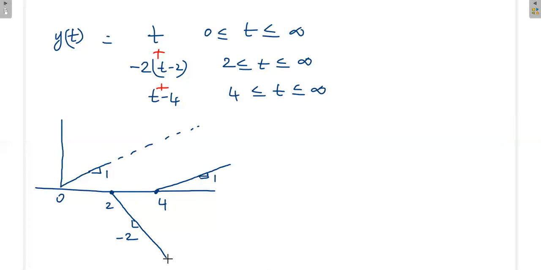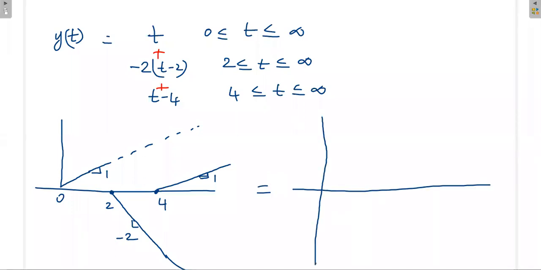If you add all these functions, you will be getting a triangle. When you go from 0 to 2, your function is linearly increasing with a slope of 1. Then suddenly you add a slope of minus 2, so finally your slope will be minus 1.